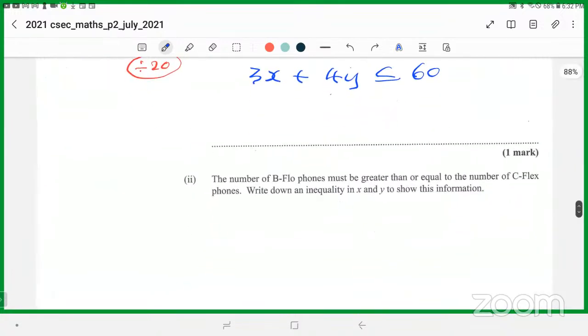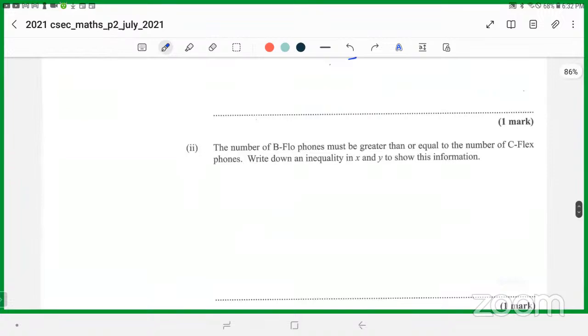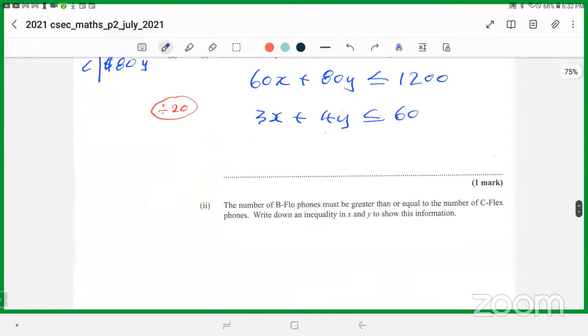Next question says, the number of B phones must be, remember the number of B phones is X. Number of B phones must be greater than or equal to the number of C phones, which is Y. It says, write an inequality to show this information.